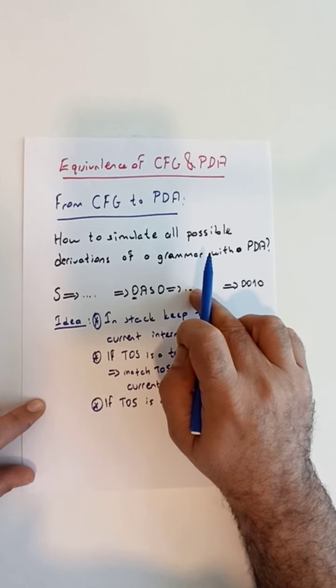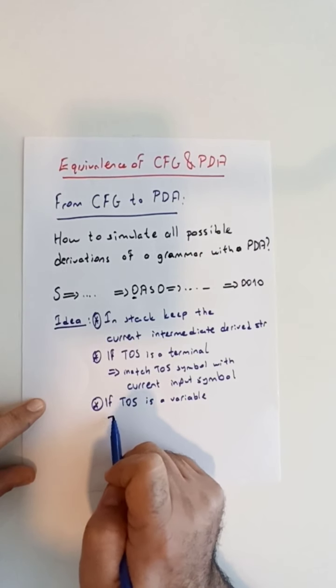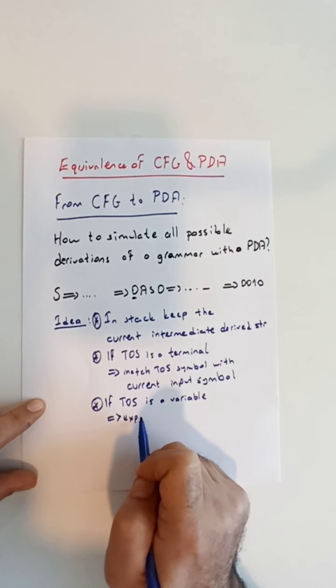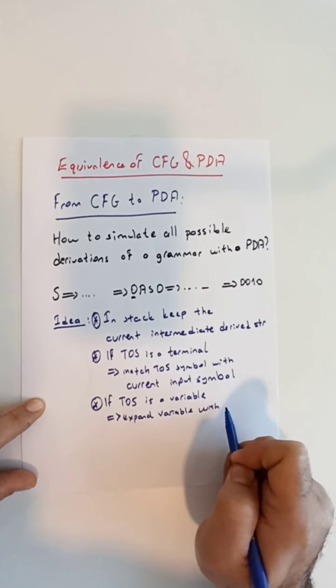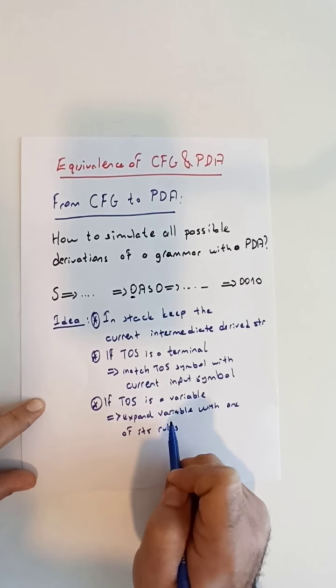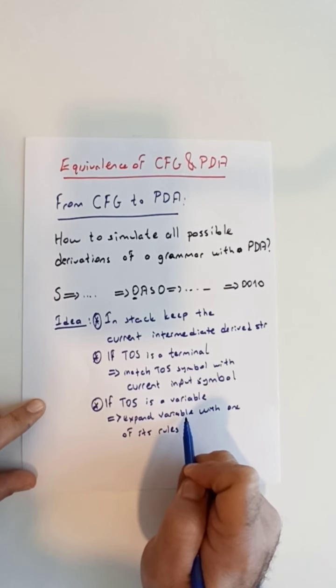So if the top of stack is a variable, we expand the variable with one of its rules. Expanding a variable with one of its rules in terms of our PDA corresponds to removing that variable from the top of the stack, and instead pushing one of the right hand side strings of that variable into our stack.